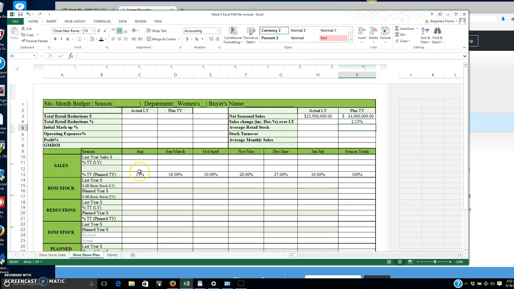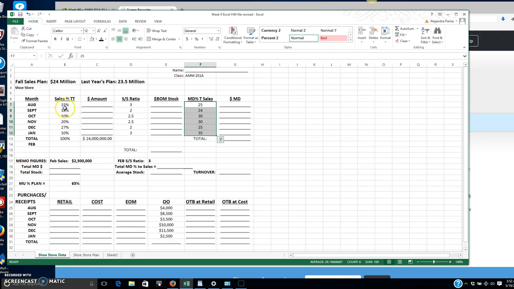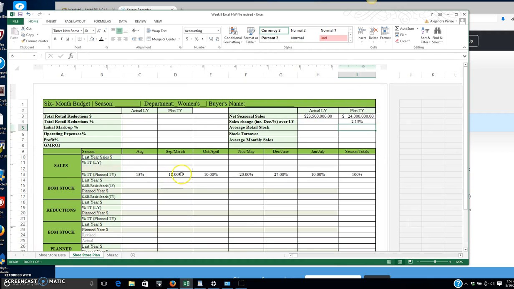And then you're going to do your planned sales. So I recommend that you go to your original worksheet and link your percentages. So have your planned sales percentages. Make sure that they're formatted as percentages with 2 spaces after the decimal point. Once you're done with that, you can select them all and do auto sum, and it will add up to 100%.